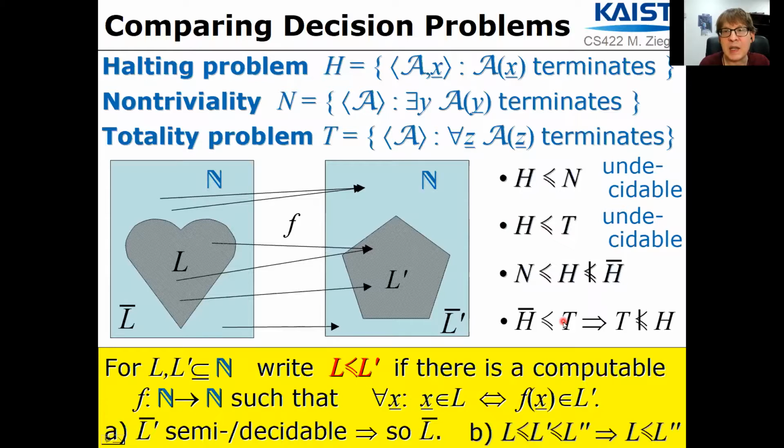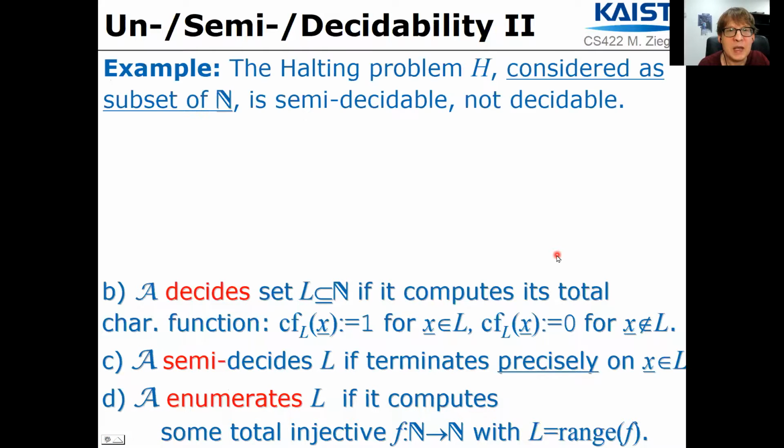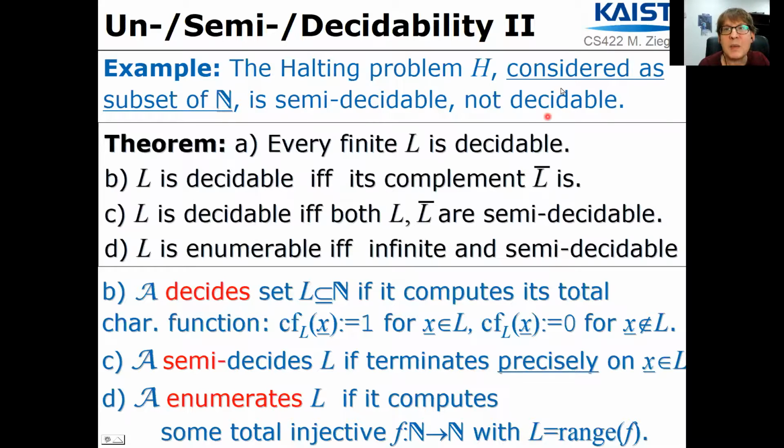But first, I'd like to catch up on the question in the chat, namely an example of undecidable and not semi-decidable problems. Let me briefly revert to the previous slide. Indeed, we had this example that the halting problem is not decidable, and we saw that it is semi-decidable: an interpreter that counts the number of steps it simulates the algorithm is a semi-decision procedure.